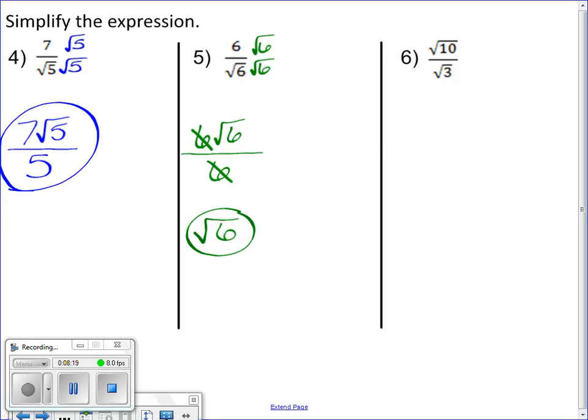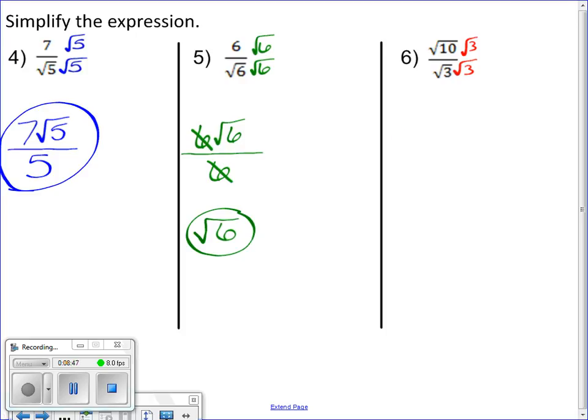Number 6. Factor tree on radical 10. Will I find any pairs? No, 10 is just 2 and 5. Factor tree on radical 3? No. All right, so I can't simplify, but I can't leave this down here, right? So we're going to multiply top and bottom by radical 3. So what's radical 10 times radical 3?